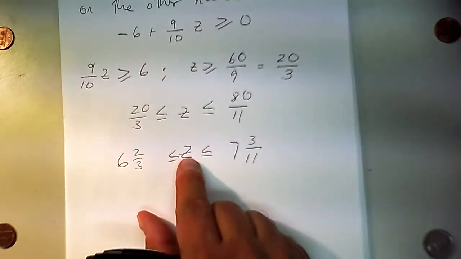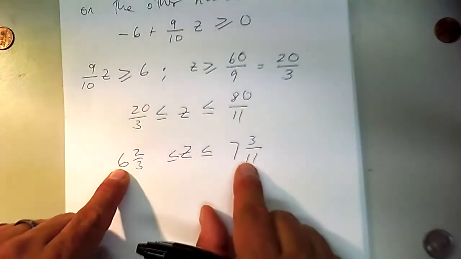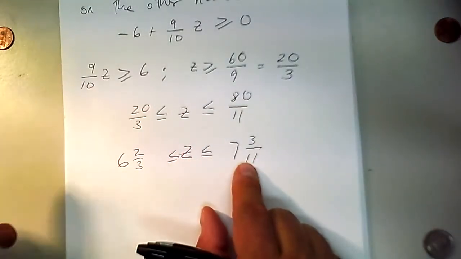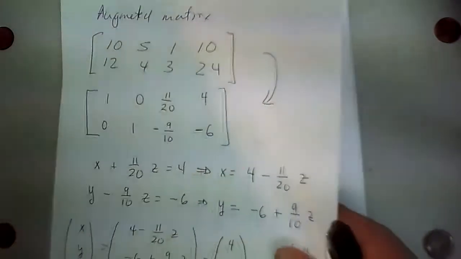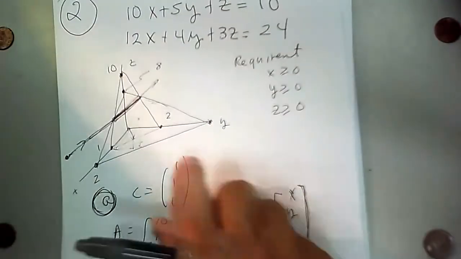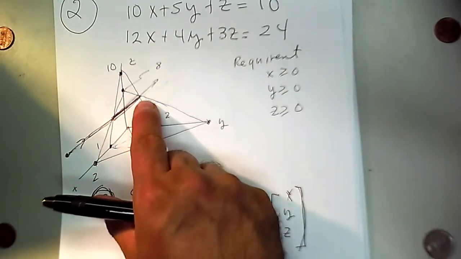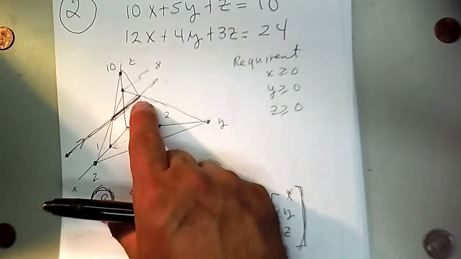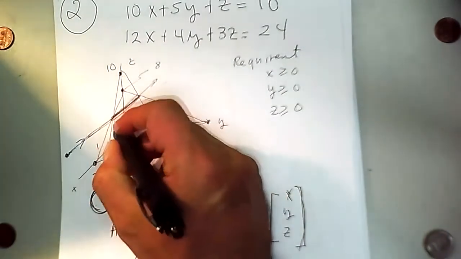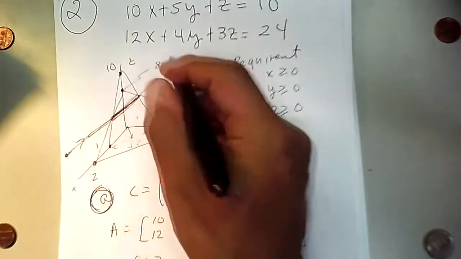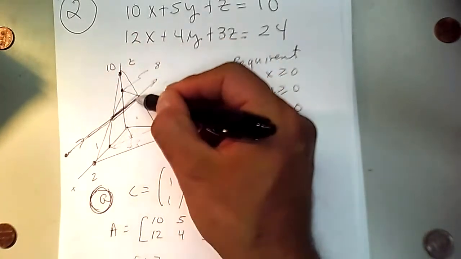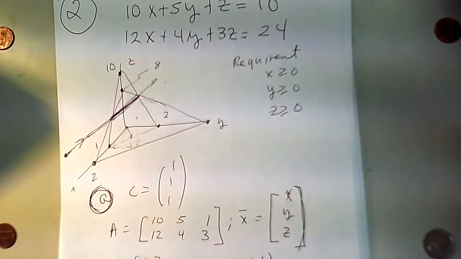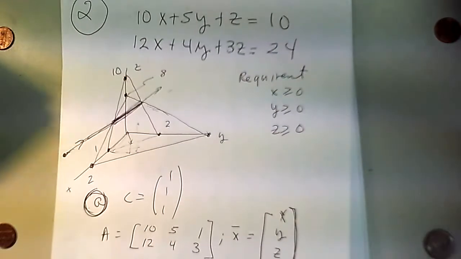So z has to be between 6 and change and 7 and change. Back here, 6 and change, 7 and change, that creates those two endpoints within this octant, between those two triangles. Yep, so that produces the two.